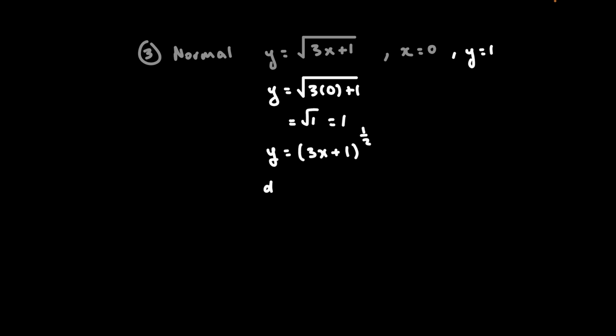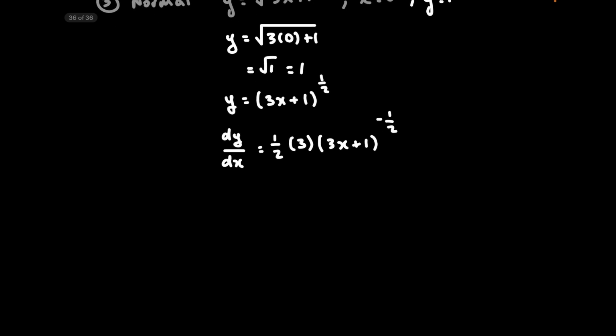So bring the power to the front, so dy on dx is simply equal to half times 3 times (3x + 1) to the power of negative a half. And if you want to simplify this pretty quick, you can simply just say this is the same as 3 divided by 2 square root (3x + 1).